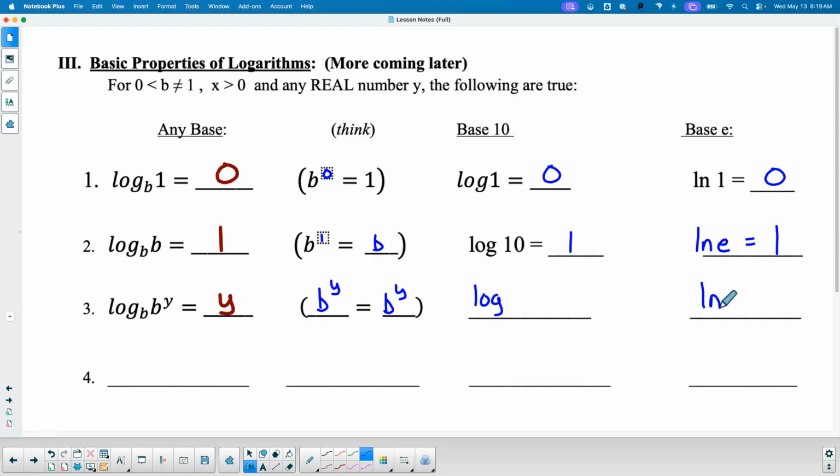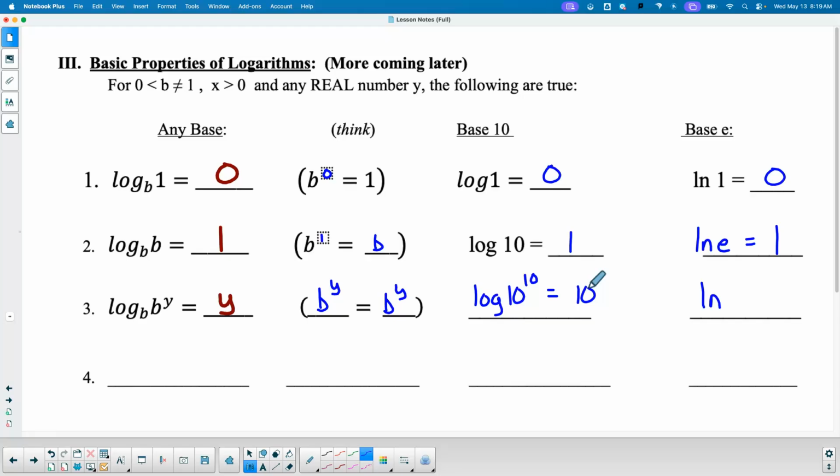Log base 10 of 10 to the 10th power? Yeah. Love it. 10 to the 10th power is equal to what? Log base 10 of 10 to the 10th power is 10. Who just said they didn't get it? If you've got the same base, then it's just the exponent.